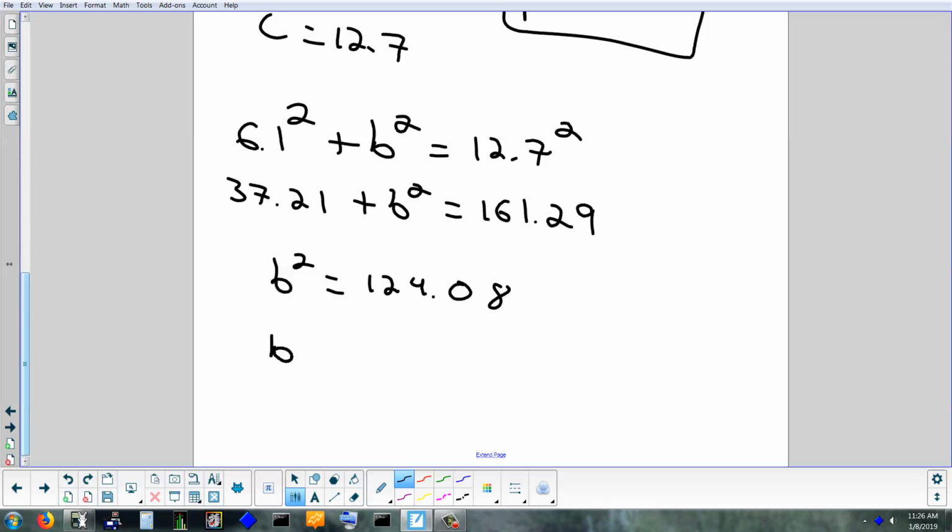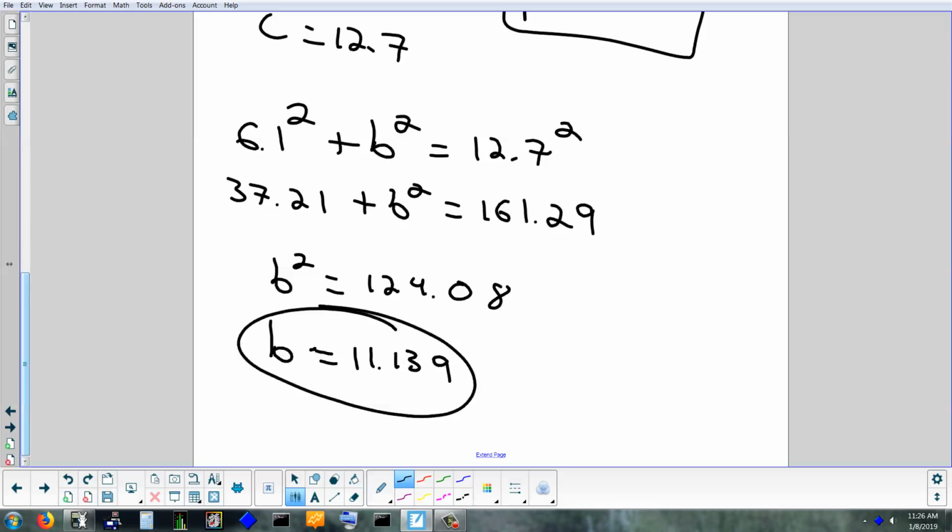So let's find b by taking the square root. So it's probably about 11, a little over 11. 11.139. And that's approximate. Up to that point, it was exact. Now I just rounded it. Okay. Any questions on how we got B?